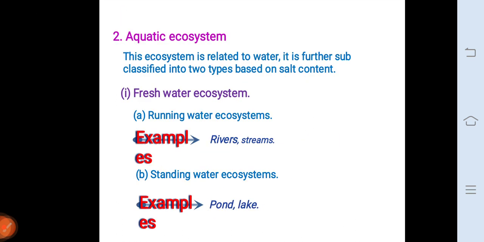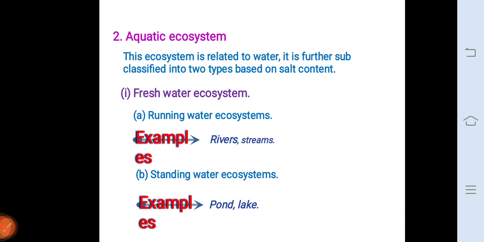The second one is the aquatic ecosystem. This ecosystem is related to water. It is further subclassified into two types based on the salt content. One is the freshwater ecosystem, another one is the saltwater ecosystem.